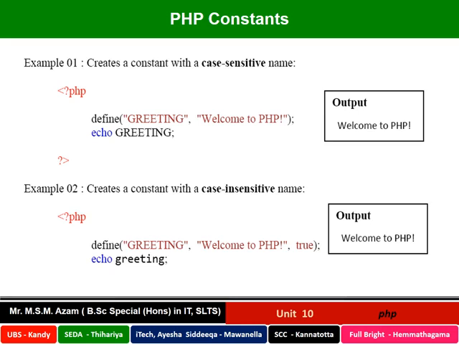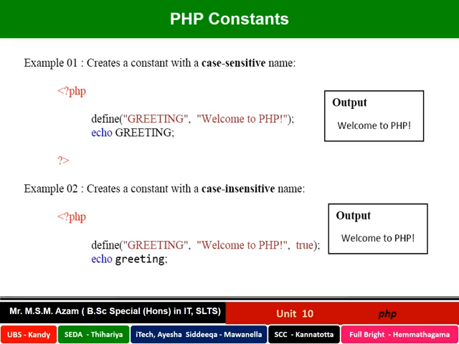Second example, we are going to create a constant with a case insensitive name. Similar to the previous example, define, first argument is name of the constant, that also GREETING but given in capital form. Second, value to that constant is welcome to PHP. Third one, case insensitive, taken as true.